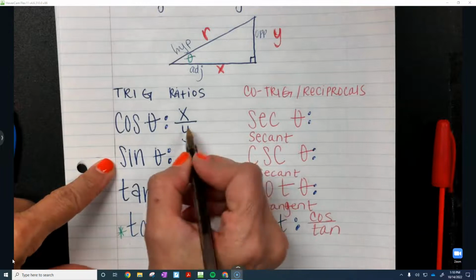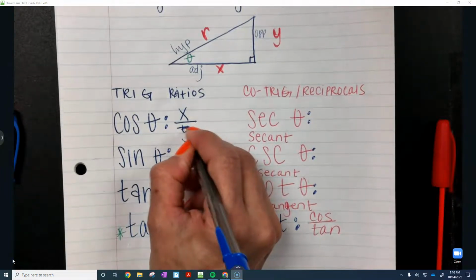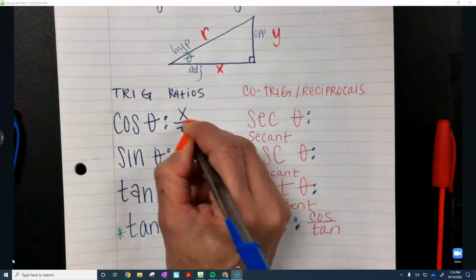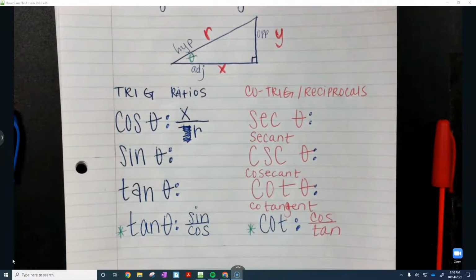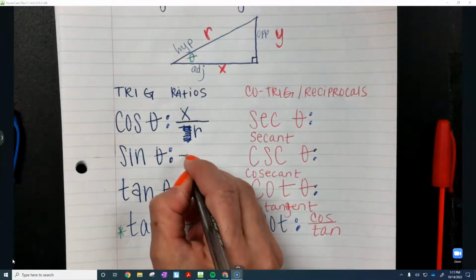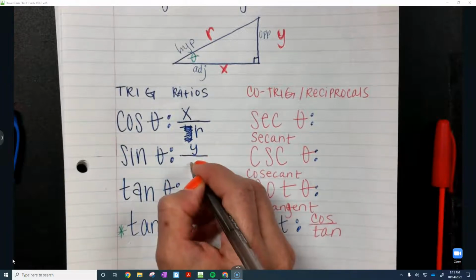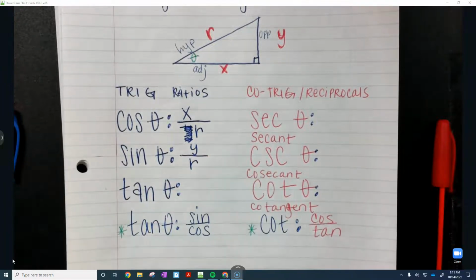Oh, that's a mistake. Now we have ugly notes. I'm sorry. Cross that out. That's an R. I apologize. All right, for sine, now we're going to have Y, which is opposite over hypotenuse, Y over R.